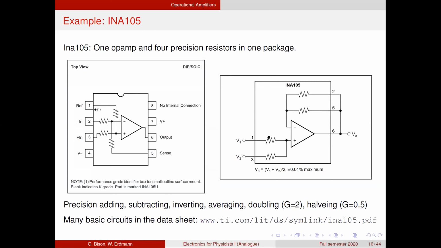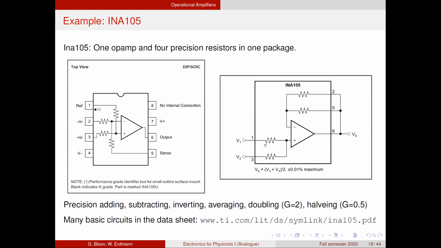And so it's fun to look through those and realize why it works, and quickly see with the golden rules that this actually does what is advertised. For example, this circuit here, you see that the output voltage is an average of the two input voltages. So how does it do that?